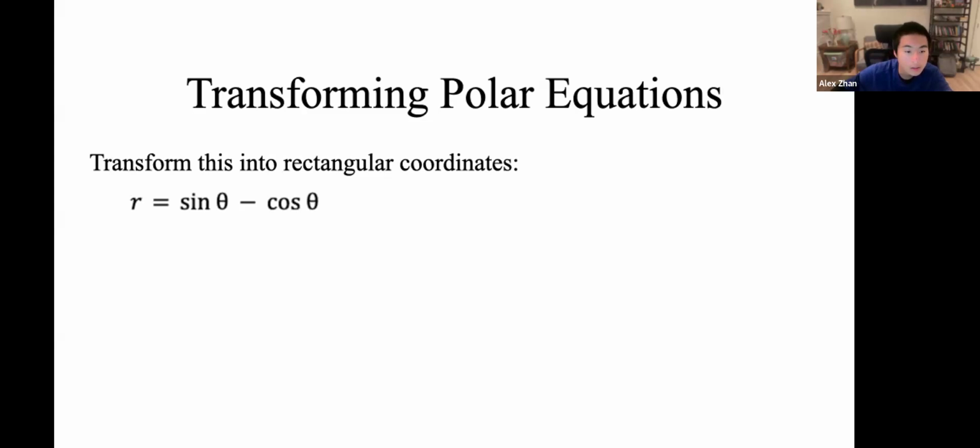Okay, let's see. Wait, Sarah, you said negative one half, one half. What does that mean? We're talking about an equation. This isn't a single point. Oh, okay.